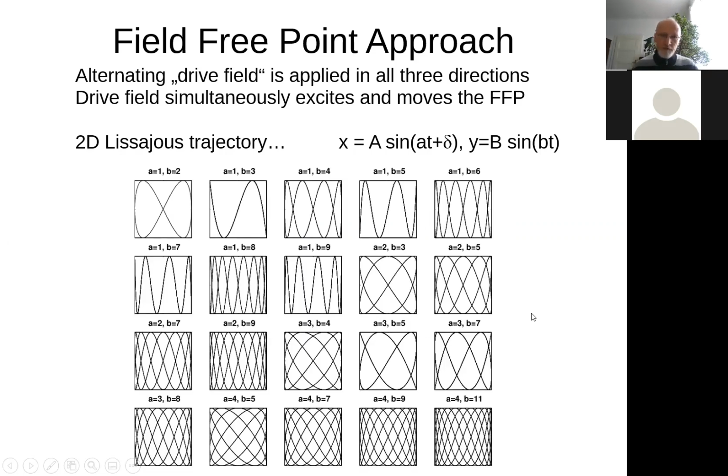I can continue with this further on, and you can see that with values like 4 and 11, I already have a pretty dense curve through the space, or through this 2D image.